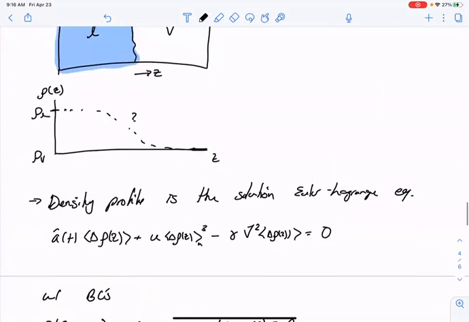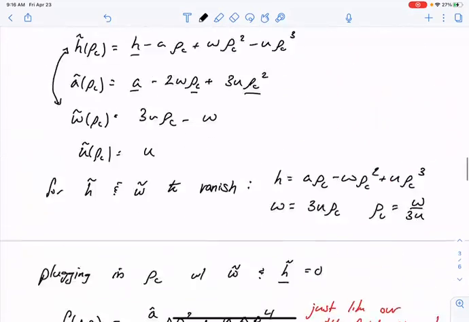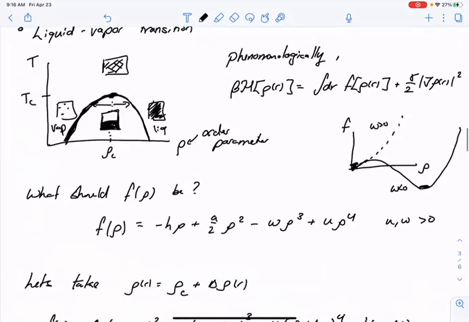So we know we have approximated the spatially varying terms with just a gradient. That has assumed that only long wavelength variations are permissible.